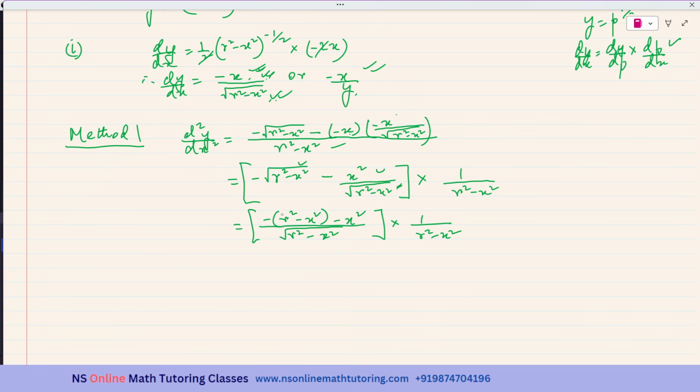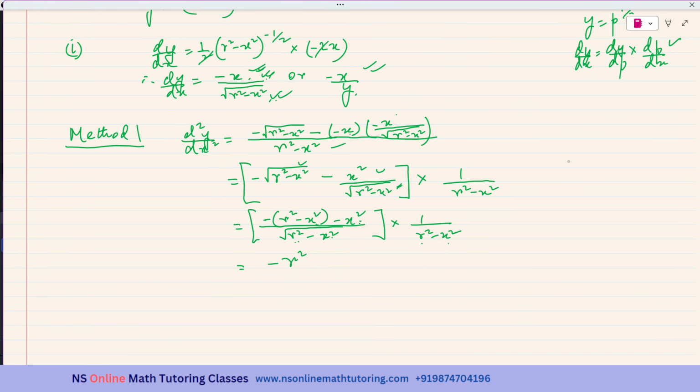If you open the brackets, it will be minus r square plus x square minus x square. So plus x square and minus x square will be cancelling, and you will have minus r square in the numerator. And what is the denominator? This one is r square minus x square whole raised to the power of half, times r square minus x square. So what will be the denominator?